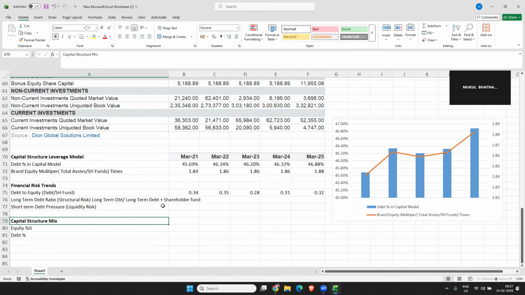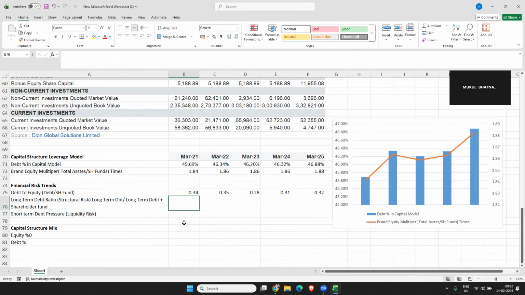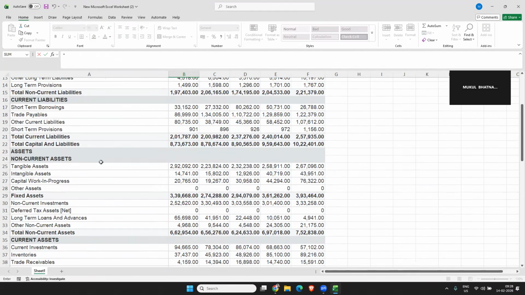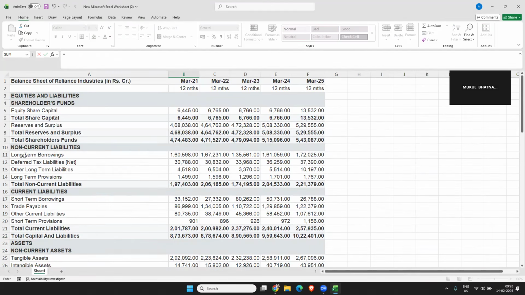Fine. So let us apply this, equal to long-term debt. We have just selected the long-term debt under non-current liabilities.